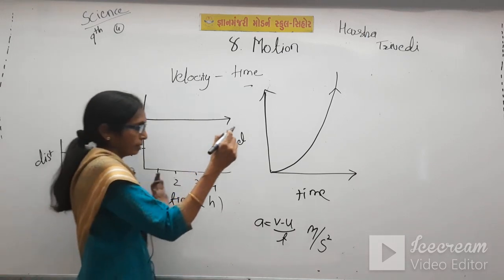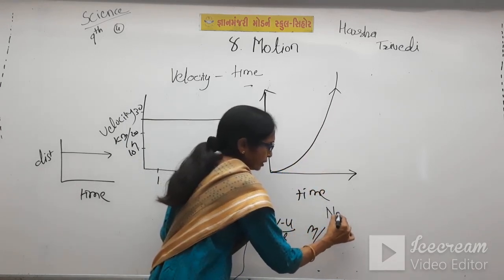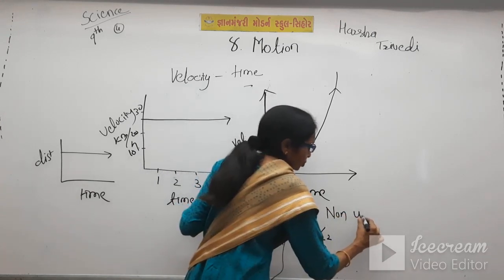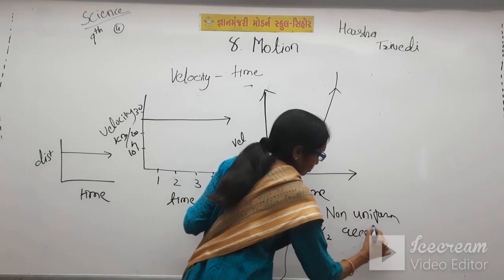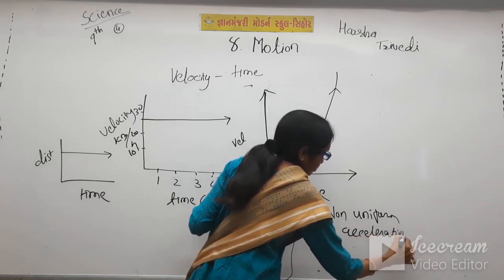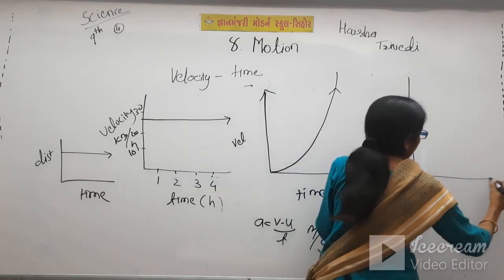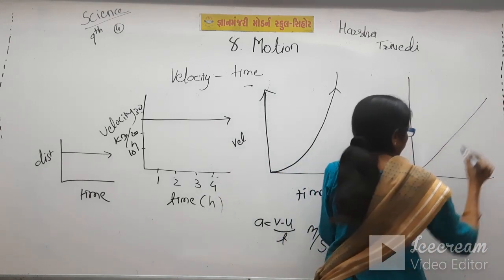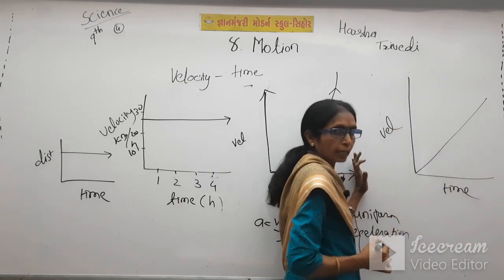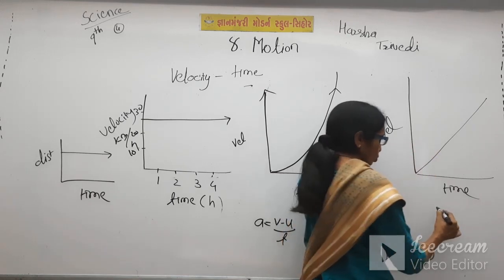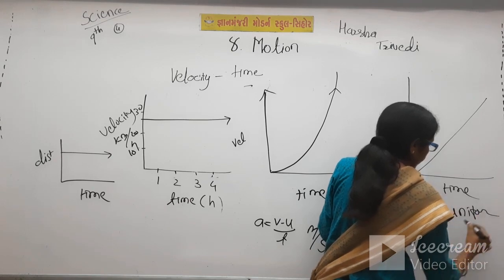And this graph is non-uniform accelerated, non-uniform acceleration. And suppose the graph is like this. Time, velocity. If it is a straight line, it is called uniformly accelerated motion.